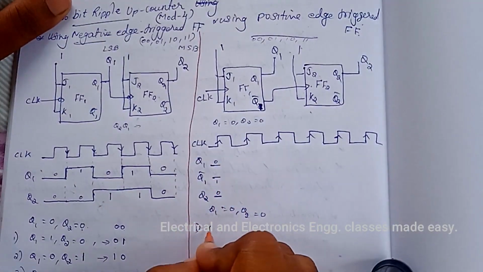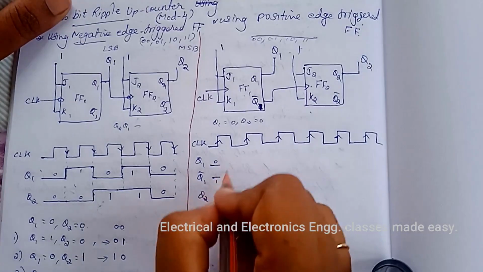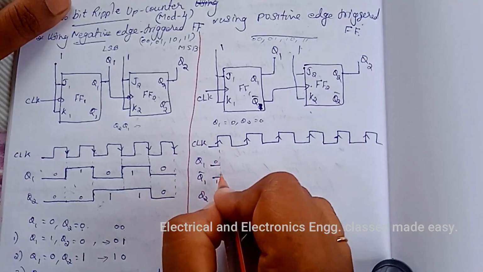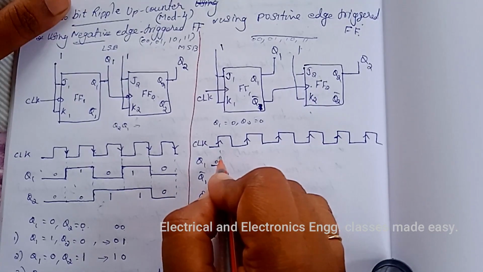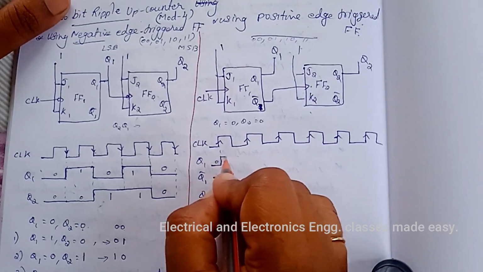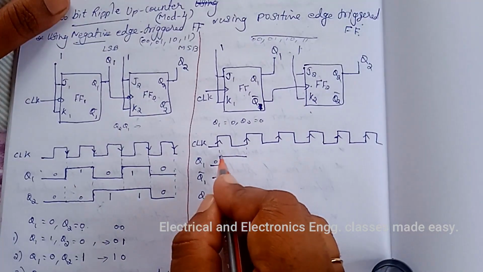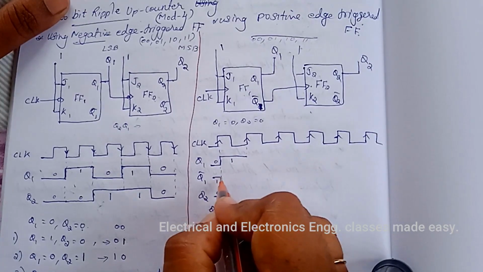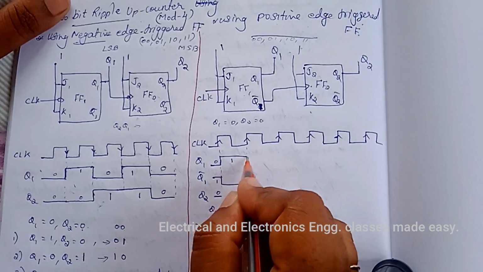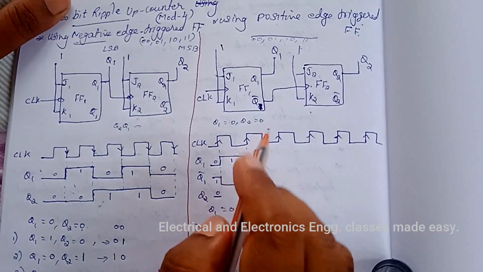Q1 toggles means Q1 changes to 1. That is, this is the positive going edge. So Q1 changes to 1 up to the next positive going edge of the clock pulse. So Q1 changes to 1 means Q1 bar changes to 0 up to the next positive going edge of the clock pulse.